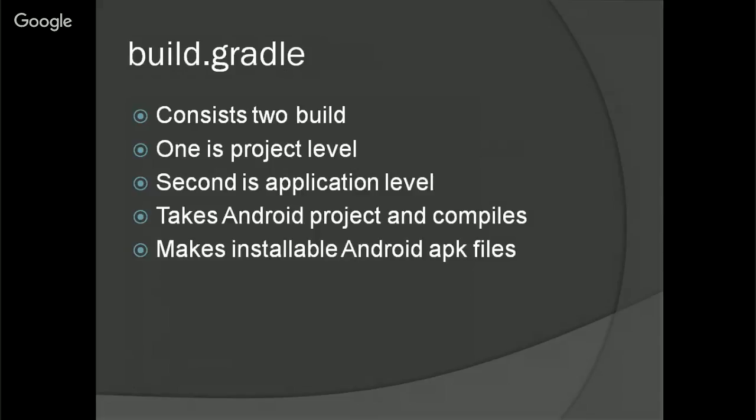So build.gradle is the file, or one of the project's modules, which can compile and make Android APK files. If we move towards development of Android applications in the next sessions, you'll see that there will be Gradle scripts which will show a couple of files over there, and you don't have to get confused, because those are simply system level files which will be playing with the system in order to develop Android APK files.